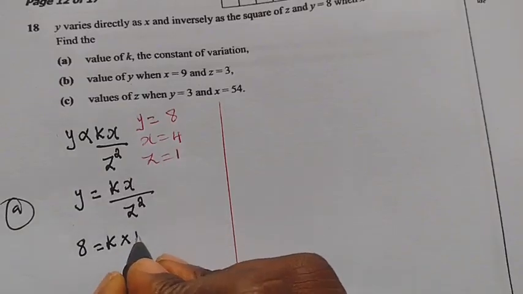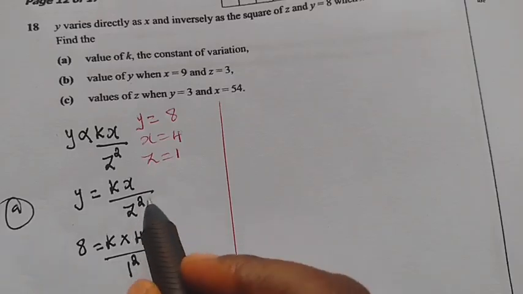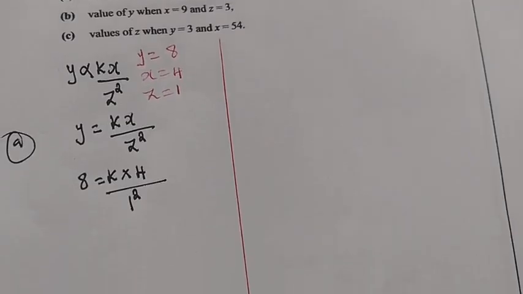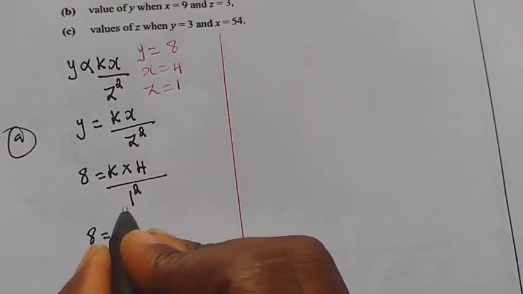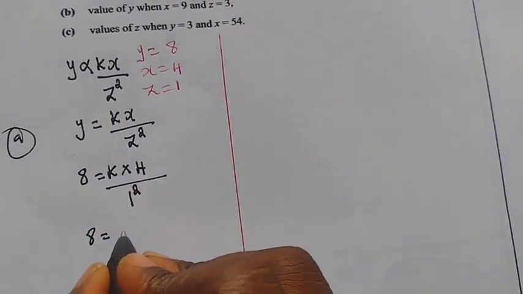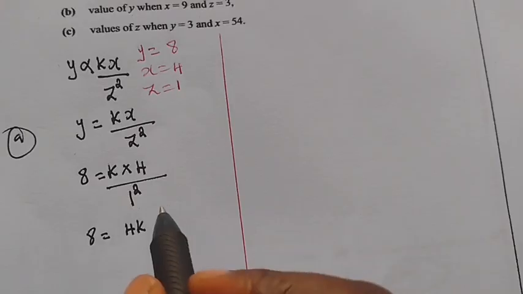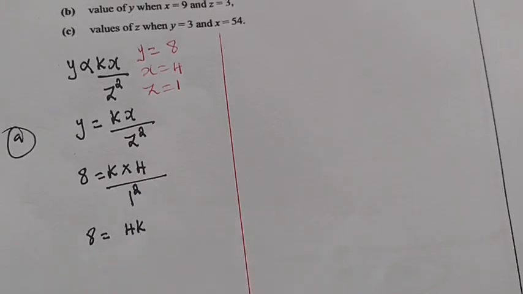So it will be k times 4 over 1 squared, because z is 1. From there, I'm just going to say 8 is equal to k times 4. It's 4k. 1 squared is 1. So 1 into k times 4, you get the same, 4k.